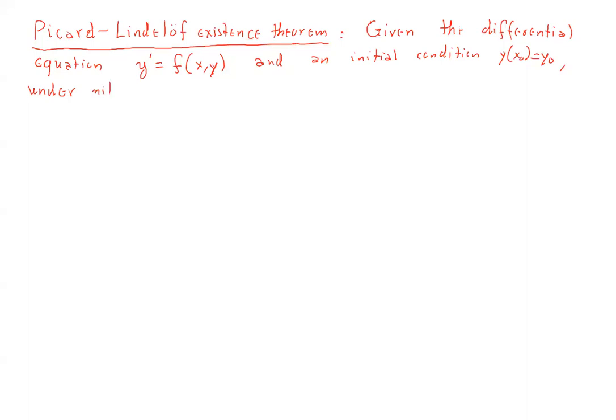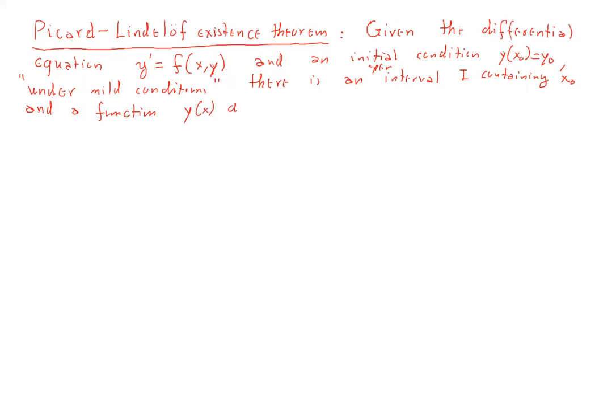Under mild conditions, there is an interval, an open interval I containing x naught, and the function y of x defined on I, such that y prime of x is equal to f of x comma y of x.